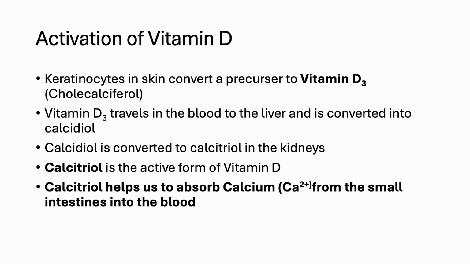We can take supplements, our milk is fortified, and some foods contain it, but our skin can produce it. Once it's in our blood, it travels to the liver, it goes through a conversion, and then that travels through the blood to the kidneys. The kidneys carry out another conversion, and that final active form of vitamin D is called calcitriol.